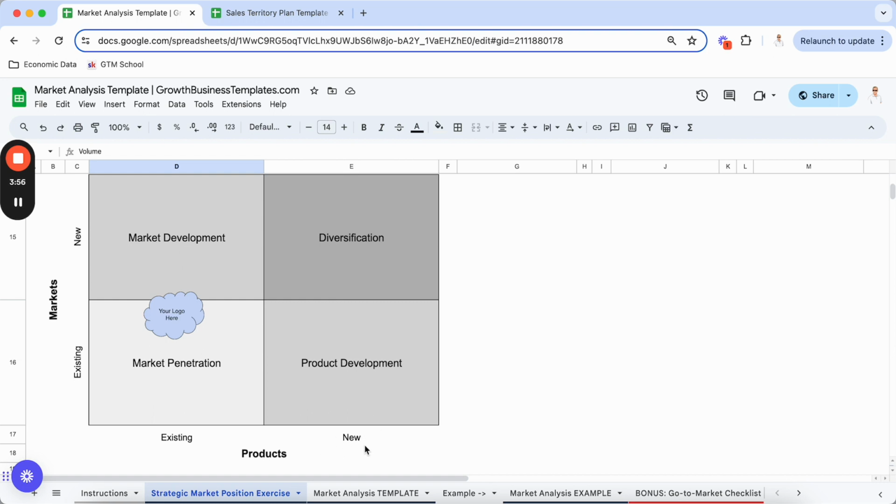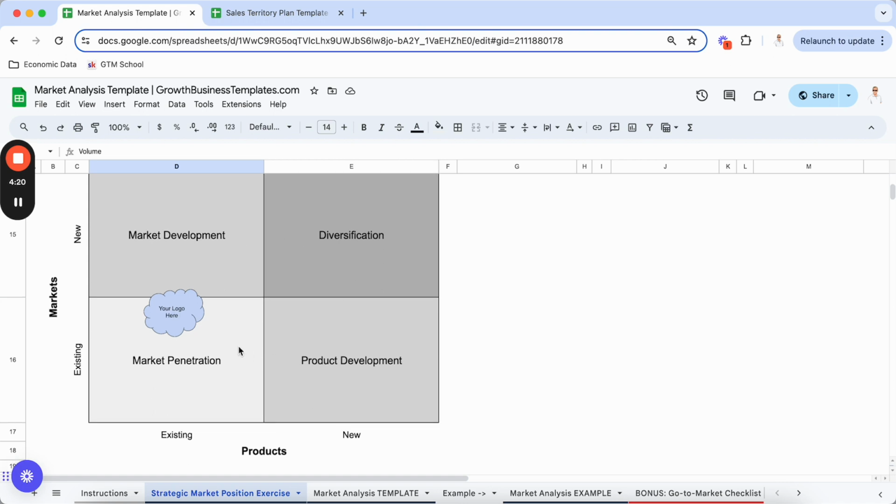So for example, if it's an existing product in a market where you already have customers, then it's market penetration. You're going deeper into that existing market. If it's an existing product but a new market, it's market development. You're acquiring new customers in a new market, so you're developing that market.